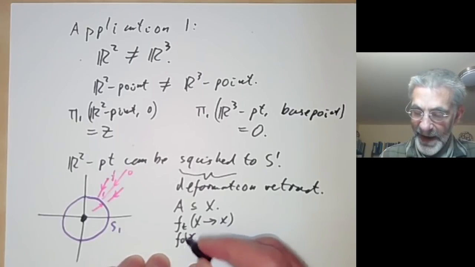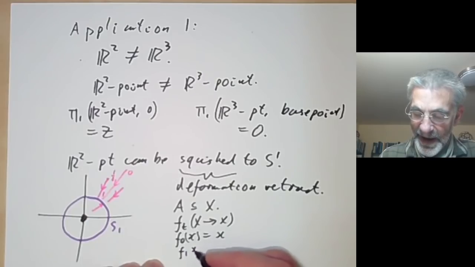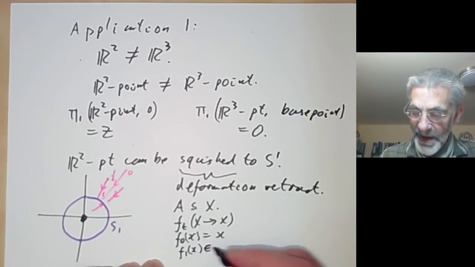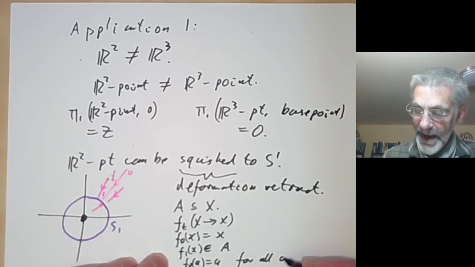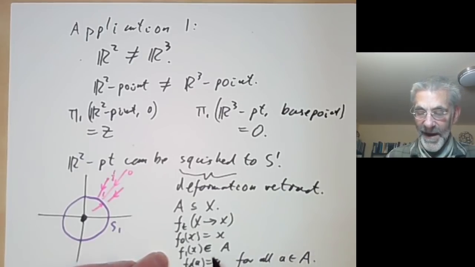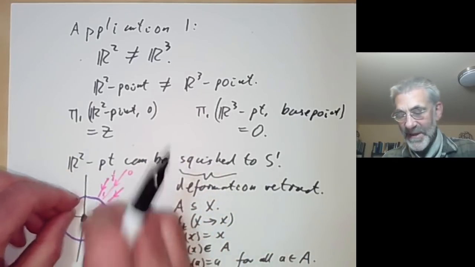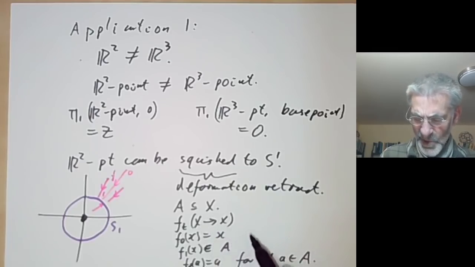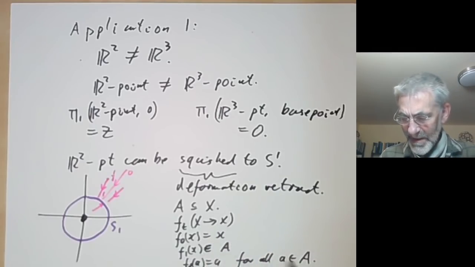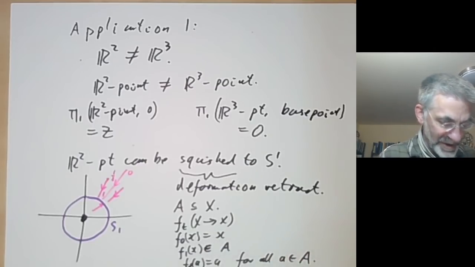So f0 of x is just equal to x, and f1 of x has to be in the subspace A, and ft of a must be equal to a for all a in the subspace A. So what's happening is this is just squishing down the space X into the space A. I should say this is sometimes called a strong deformation retract because this condition here isn't always assumed, but I'm going to take this condition here.